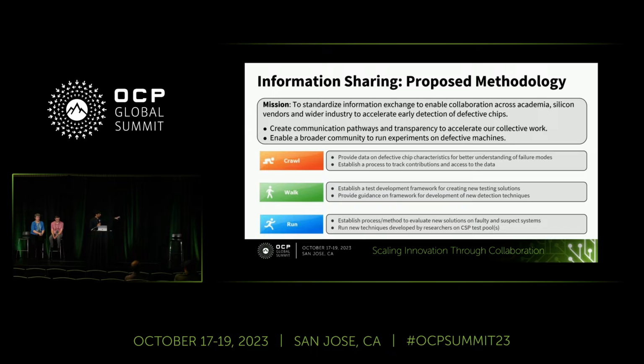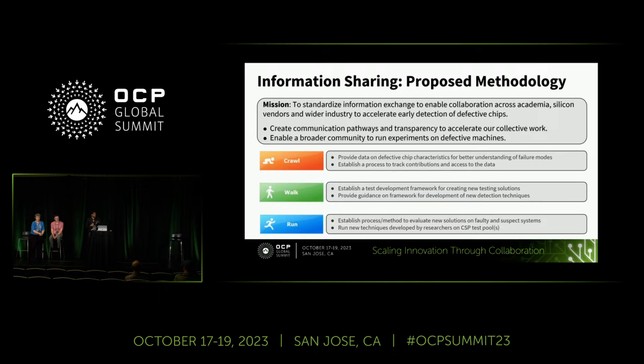Now, this is hard, so we're taking a staged approach, a crawl, walk, run approach. The crawl stage, which is, I think, roughly where we're at right now, is really just providing data. It's establishing a baseline, providing data on defective chip characteristics so that we can better understand failure modes. One of the main things I'll mention is that silent data corruption is a symptom of an underlying fault.